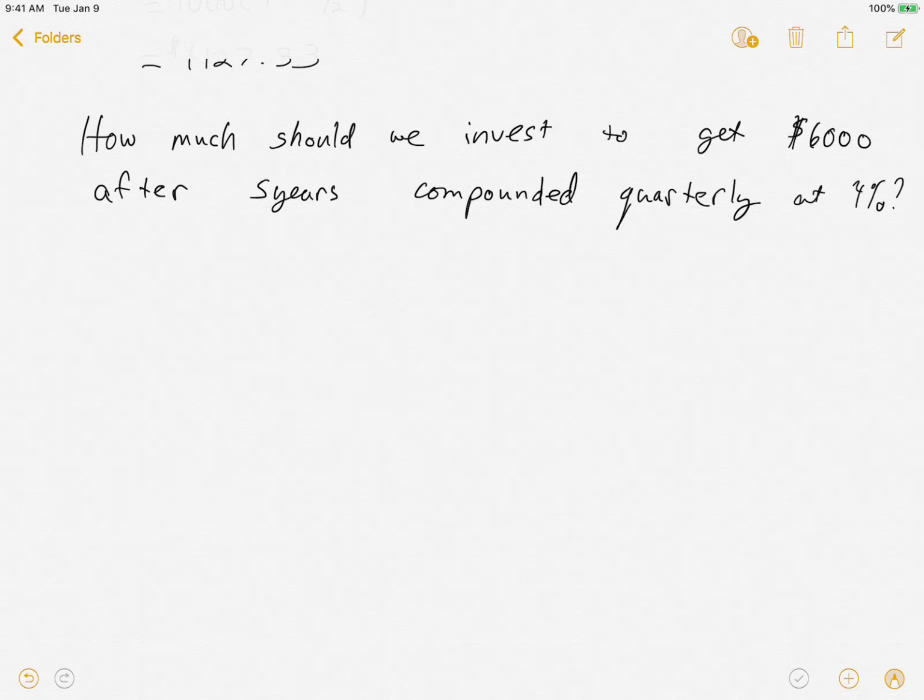Okay, so now I know the ending amount, I don't know the principal. Okay, my interest rate was 0.04. If it's compounded quarterly, that's every quarter of a year, every 3 months. And so that is going to be 4 times a year, to the power of 4 times 5.